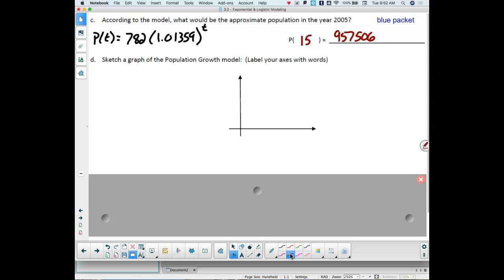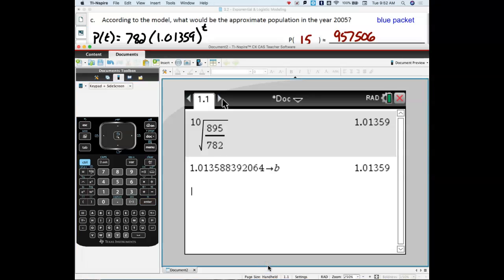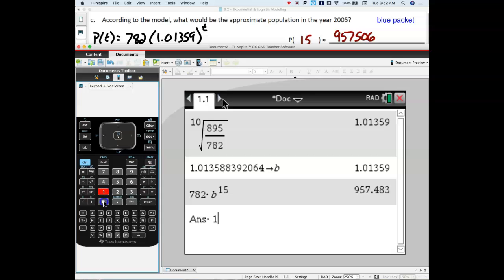The answer I got is 782 times b to the 15th. I got 957,483. Why the discrepancy? No, I took the exact value of b.